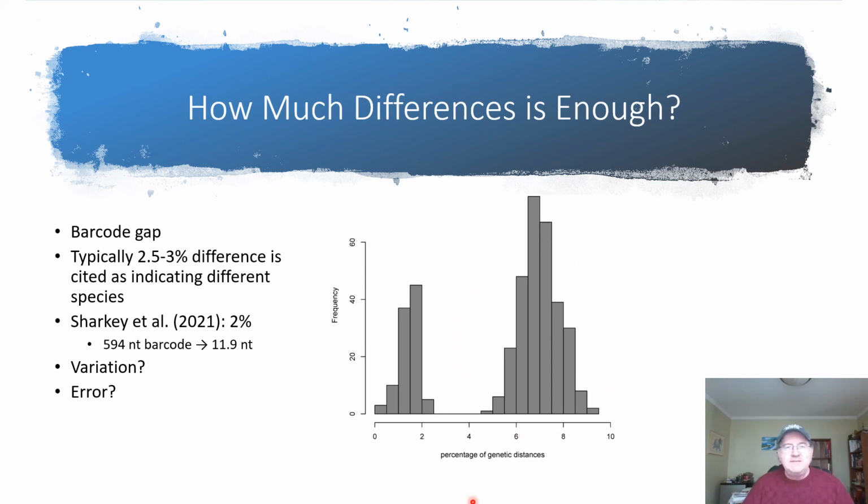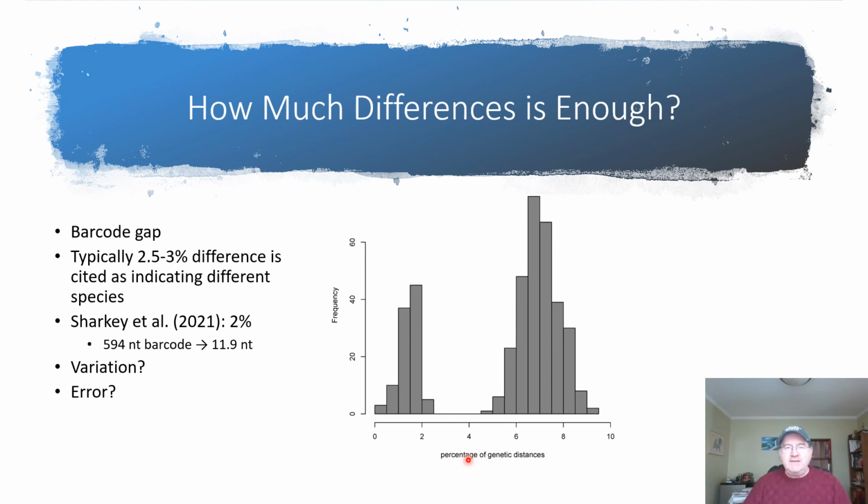In this case, this barcode gap looks to be about from 2.5 to 4.5%. So you would use this data if you empirically determined it for the group of organisms you're looking at.